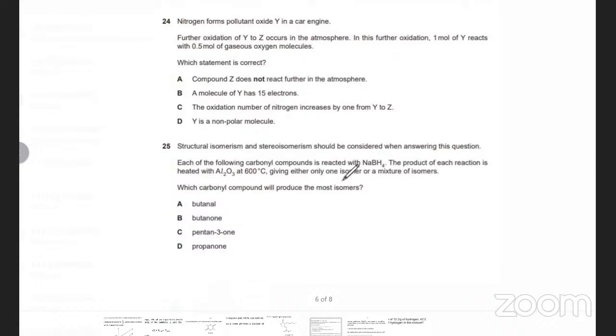He's saying giving either only one isomer or a mixture of isomers, which carbonyl compound will produce the most isomers. So starting with butanal. It will first turn into an alcohol, right? And then the OH will be lost and there's going to be a double bond over here. That's the alkene that's going to be formed. So probably just one alkene would be formed, that's it.